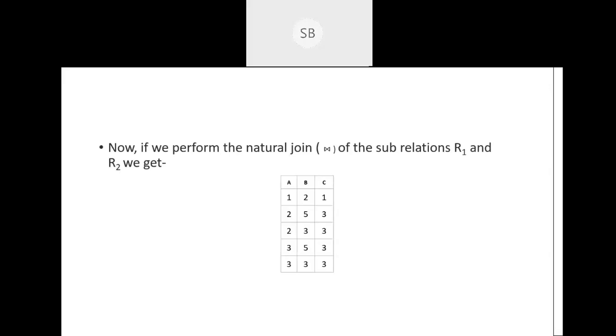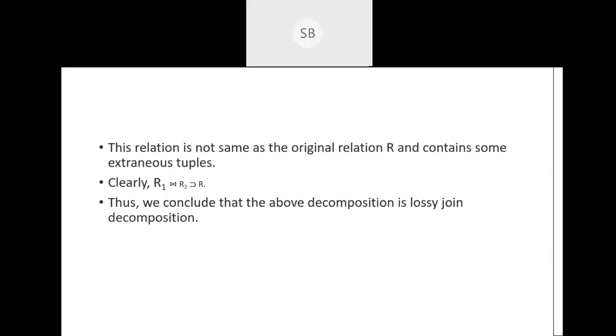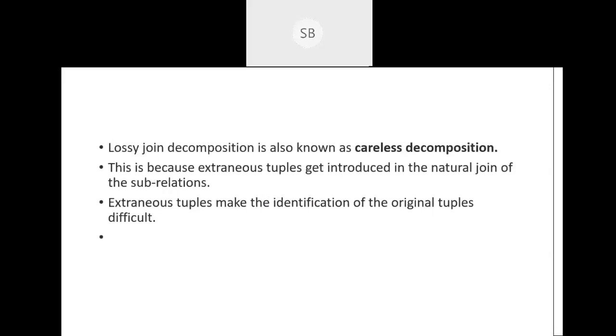If we are getting no extra information, that means it is lossless. If we get extra tuples, that means it is lossy. Now you can see here, this relation is not the same as the original relation and contains some extraneous tuples. So we conclude that this decomposition is a lossy join decomposition.